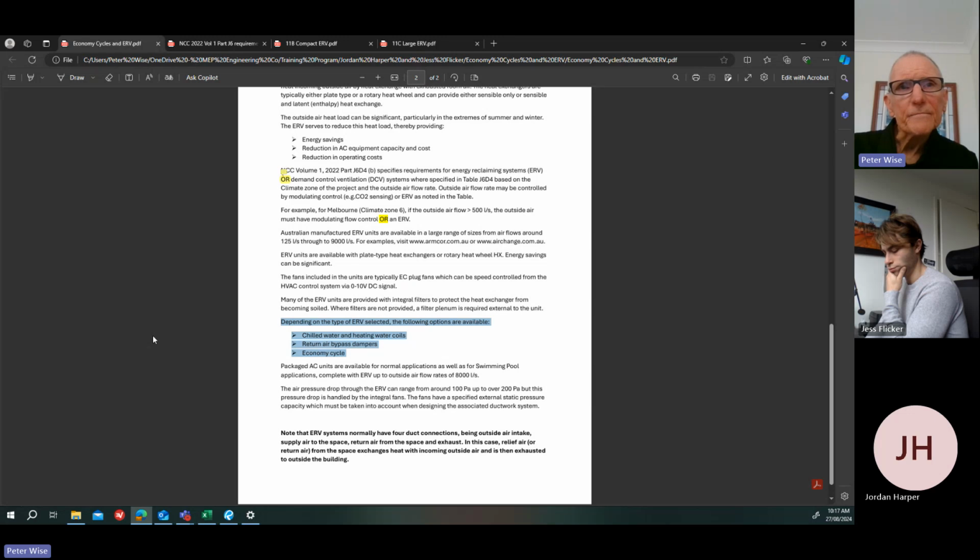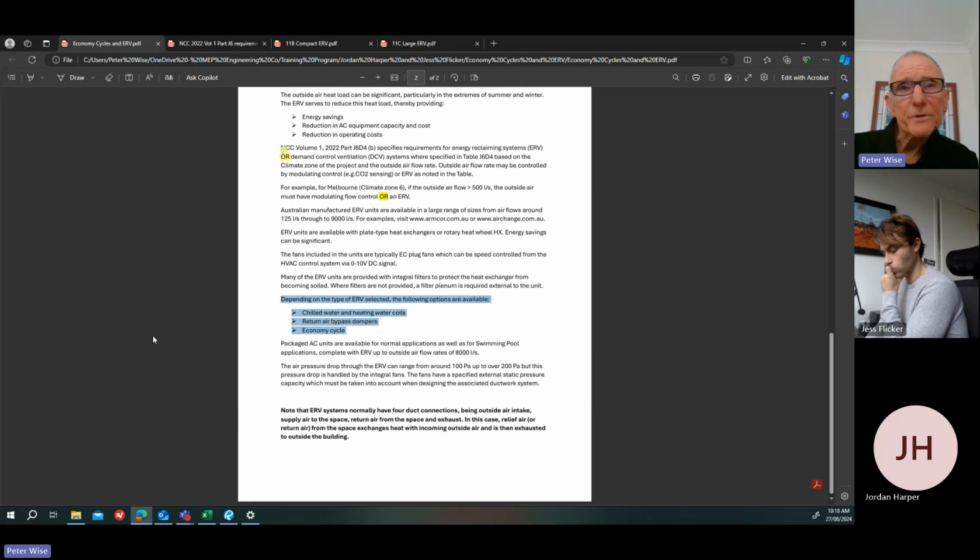They had a refrigeration system. They had the ERV. They actually had heat wheels in them, so they were quite large units. It was for an IKEA actually, IKEA in Brisbane. Large store, very large package units, and they worked quite well. They were very energy efficient, because we were operating on basically 100% outside air all the time.